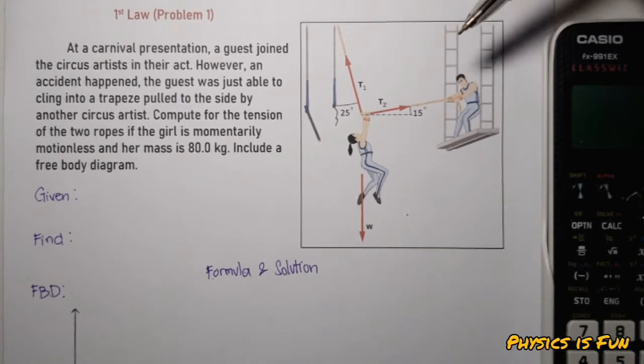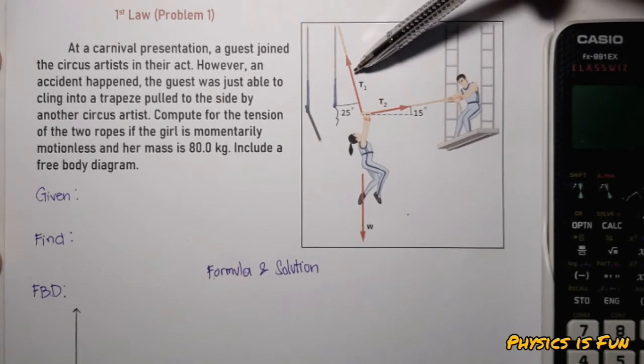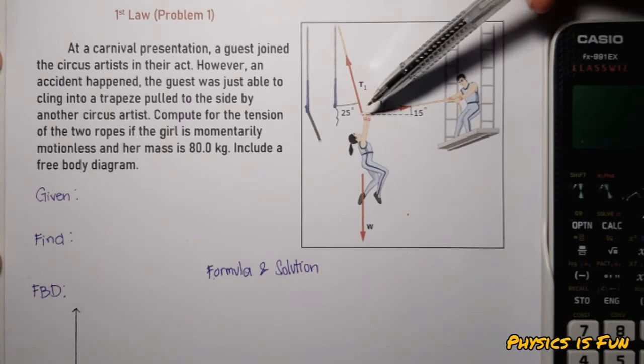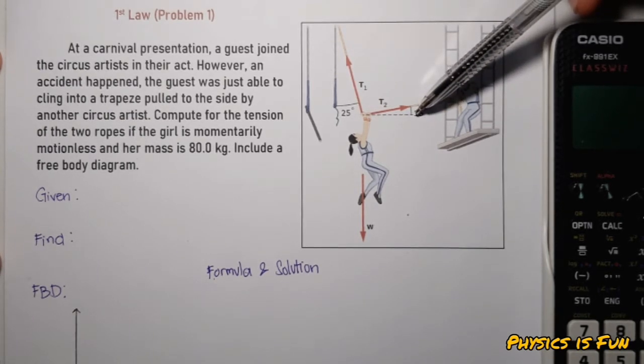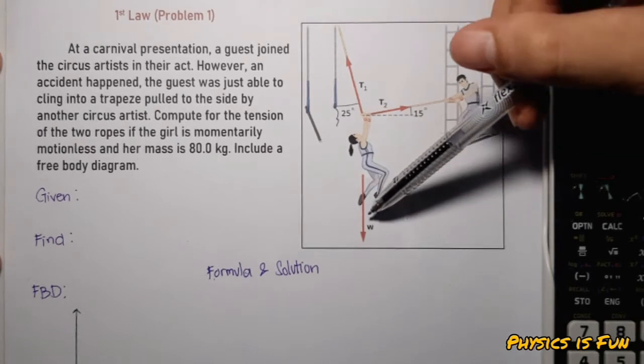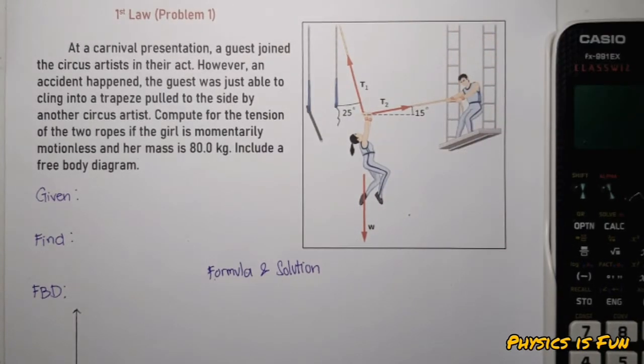Here in the illustration, you can see that this is tension 1 with an angle of 25 degrees and here is tension 2 with an angle of 15 degrees. And of course, this is the weight. In physics, visualizing problems is important for you to understand them really well and solve them properly.